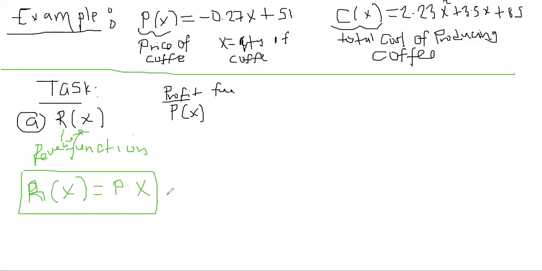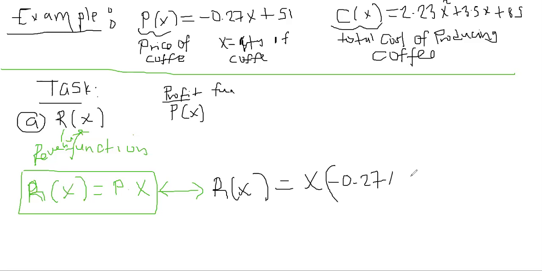So if that's the case, then equivalently, we can compute revenue. That's revenue, quantity, which is here. You just take quantity, then multiply by what? The price. And this is the price of coffee, which is minus 0.27 x plus 51.